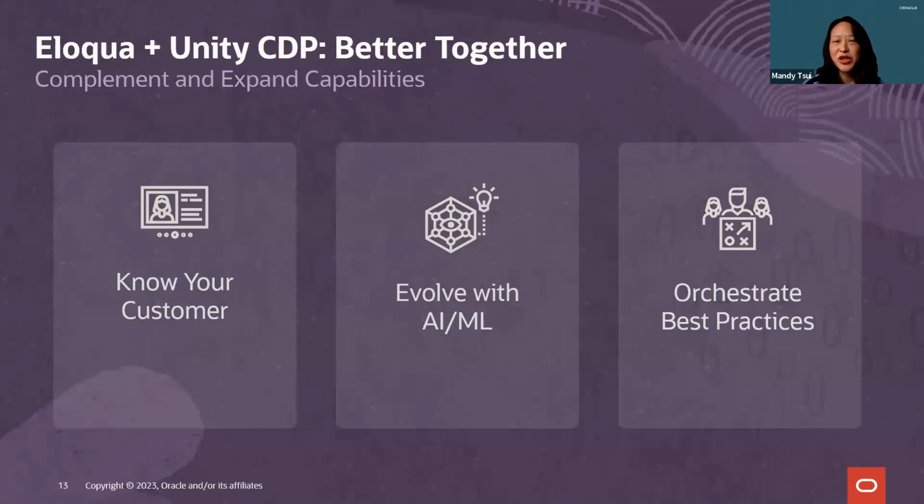And with all this information that we have for your customer, you could easily activate this within Eloqua. Eloqua helps you easily design and activate an effective marketing campaign to reach these customers with a unique and personalized experience, message, and content.